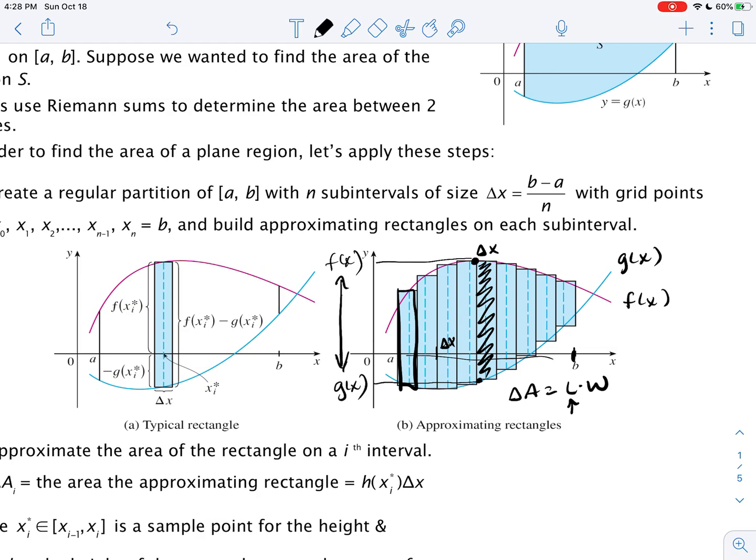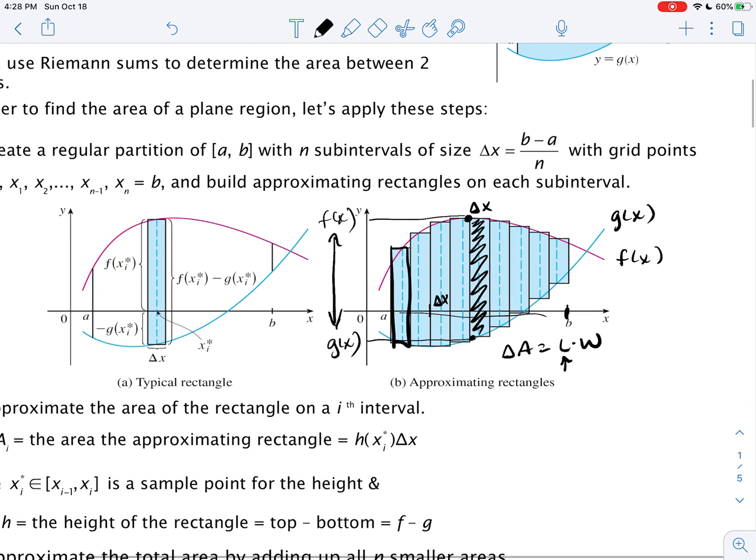And so what is this distance? It will be top minus bottom, or the length here would be f of x minus g of x, or the top minus the bottom.